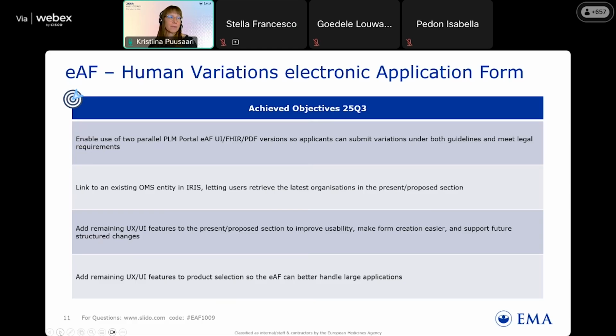As you know, the amended variation regulation entered into force from beginning of this year, so 1st of January 25. And as a part of that new amended variation regulation, there is a new classification guideline. The new classification guideline will enter into force from 15th of January next year.